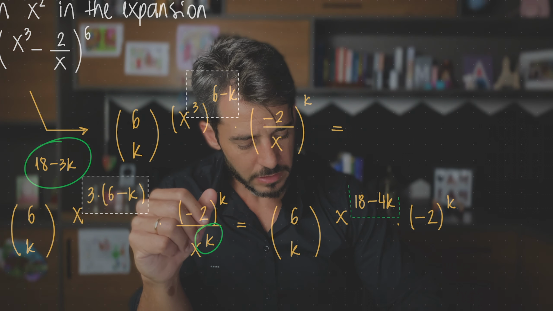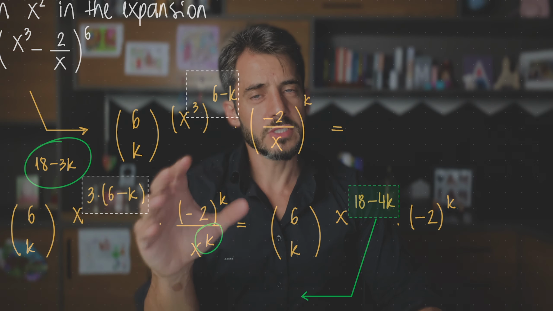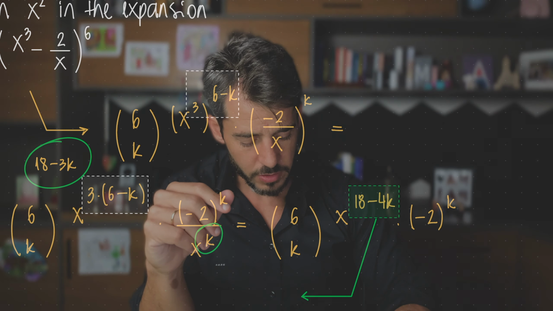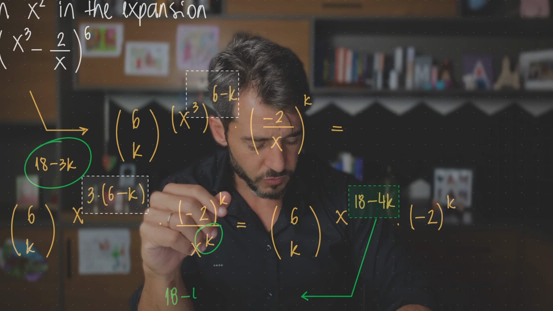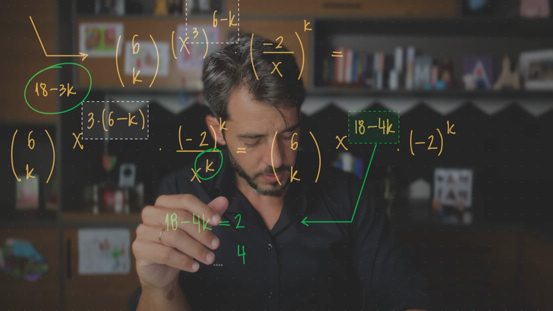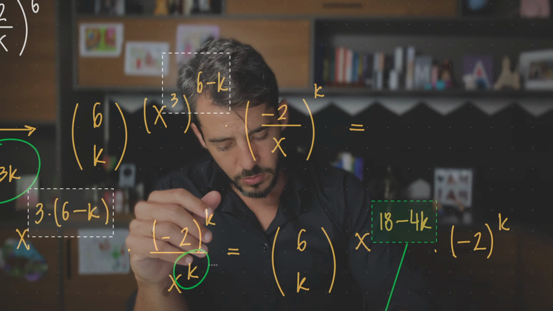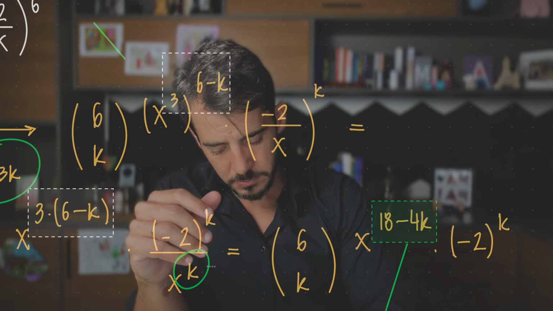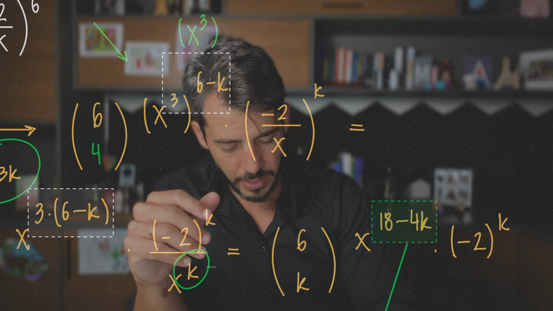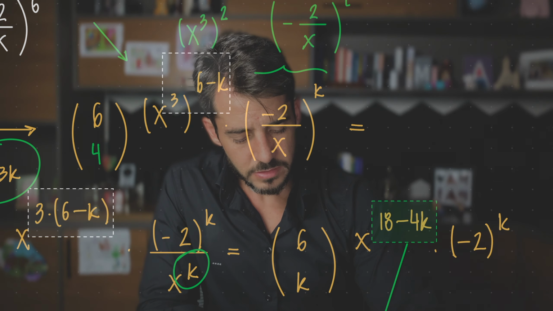Now we want this exponent to be 2. We want the coefficient of the term in x squared. Therefore, if we want 18 minus 4k to be equal to 2, we can build this equation and solve it, finding 4 as an answer, which means that the actual term will be 6 choose 4, x cubed to the 6 minus 4, negative 2 over x to the 4th power.